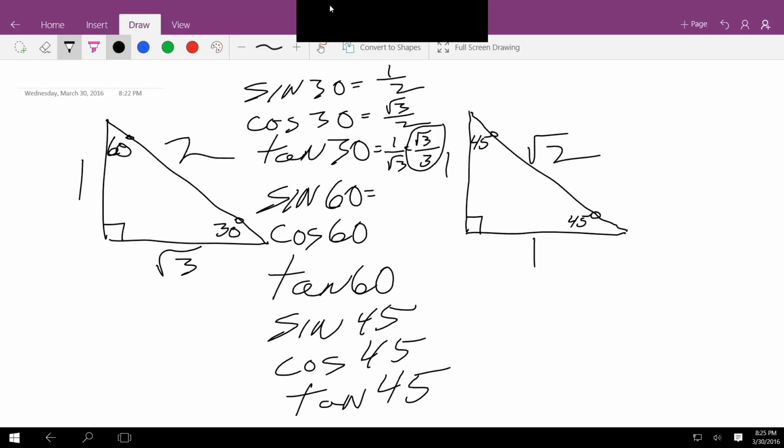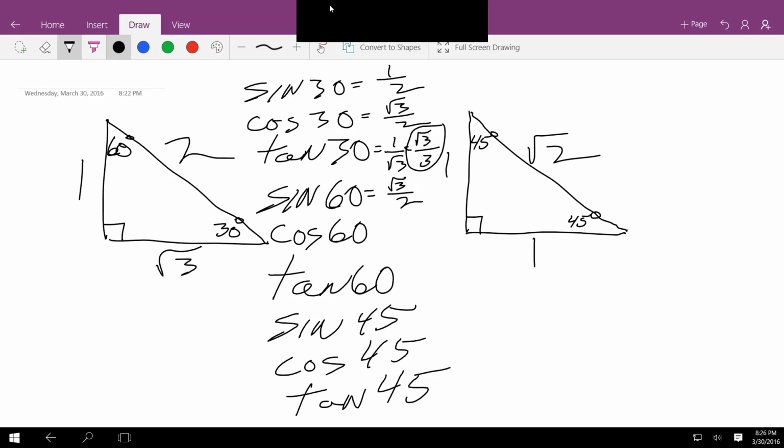How about sine of 60? Sine of 60 would be opposite over hypotenuse. So it would be 1 over root 3. It's the opposite to 60, root 3. Oh, I was looking at the wrong side, so it'd be root 3 over 2.